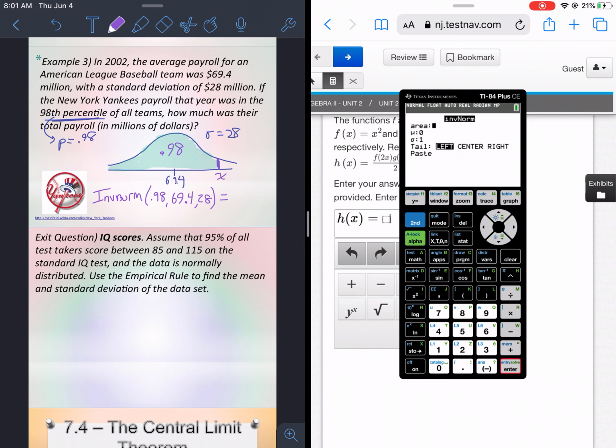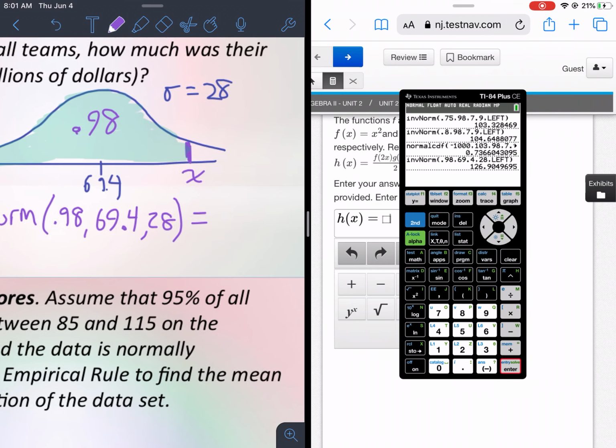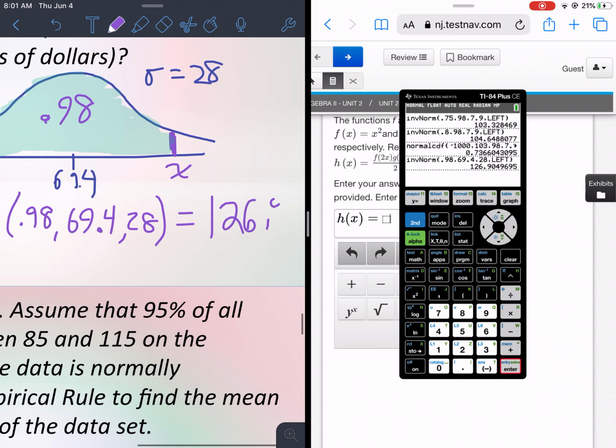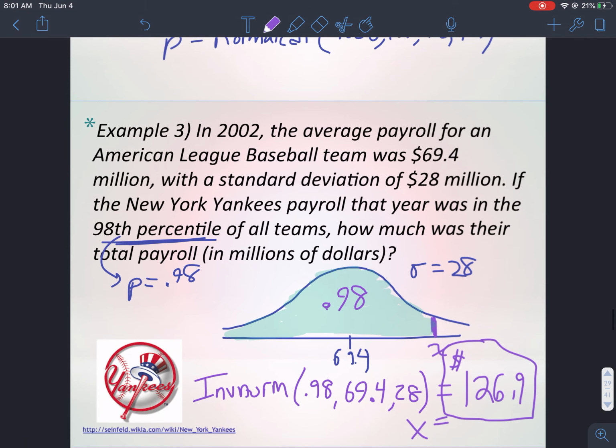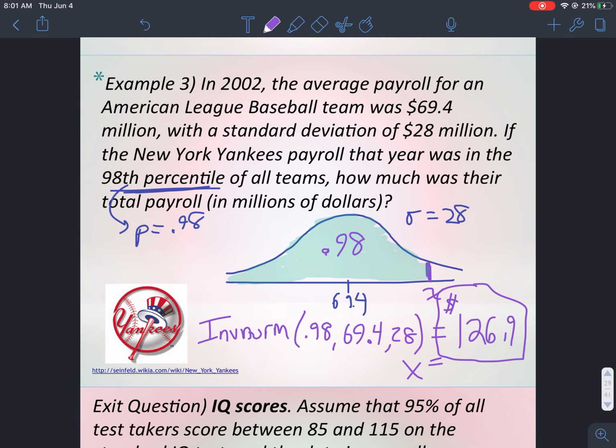Inverse norm of 0.98, mean, standard deviation, and to the left. $126.9 million was the estimated Yankees payroll that would put them in the 98th percentile of all baseball teams. Try checking that value online and you will see it's probably pretty close.